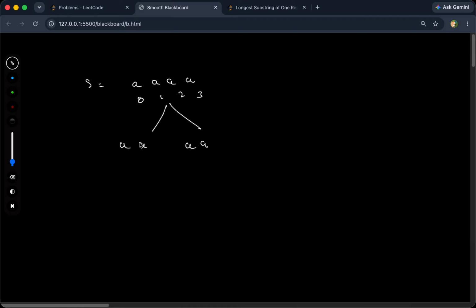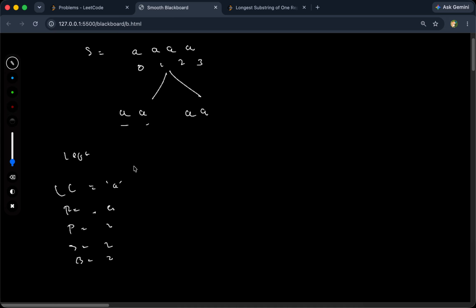The left information: left character is a, right character is a, prefix is 2, suffix is 2, and best is 2. Now the information for right: left character is a and right character is a, prefix is 2, suffix is 2, and best is 2.